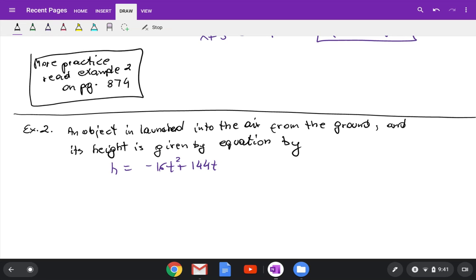Okay, so that's the equation where h is the height in feet, and t equal time in seconds.